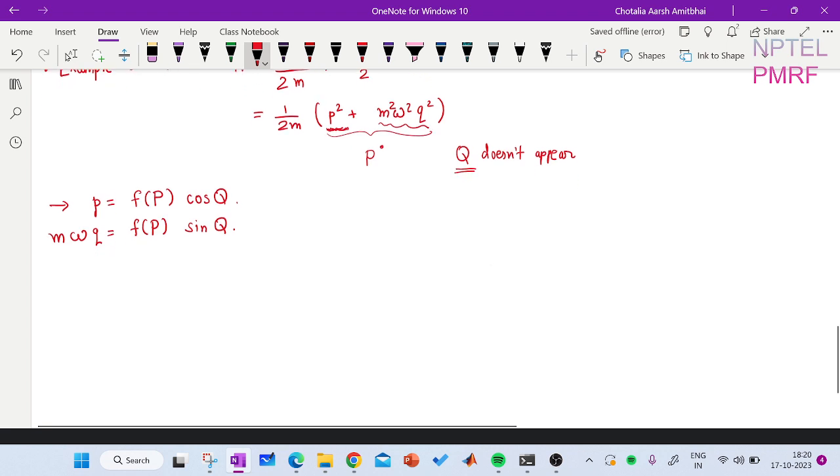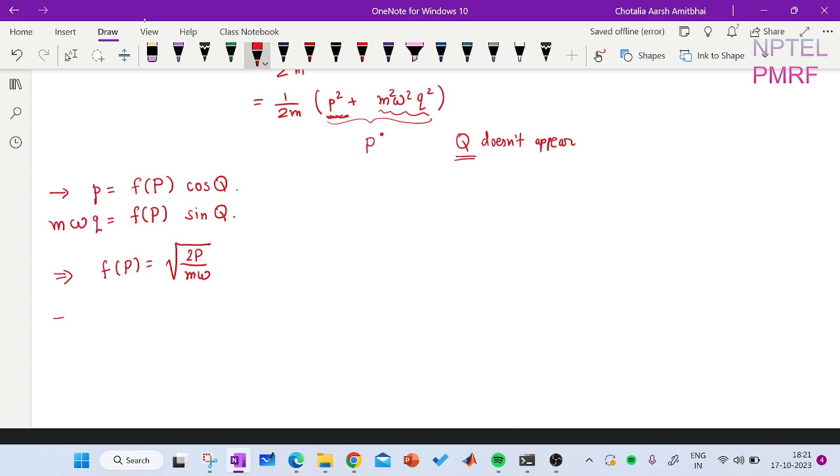So when you do the algebra, I don't want to repeat the entire thing, but at the end you get f of p as square root of 2p by m omega. And in that case h prime, which is just the h written in terms of new capital P and Q, is just omega times p.